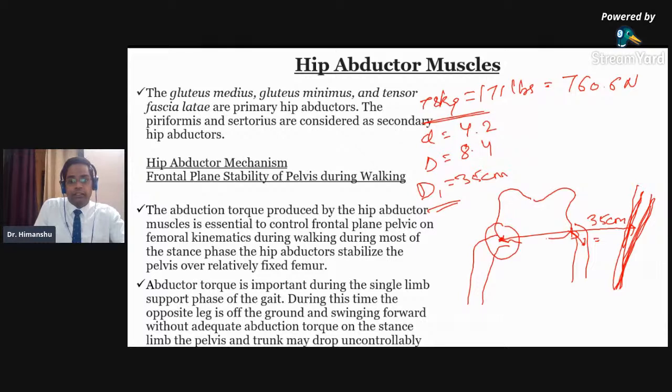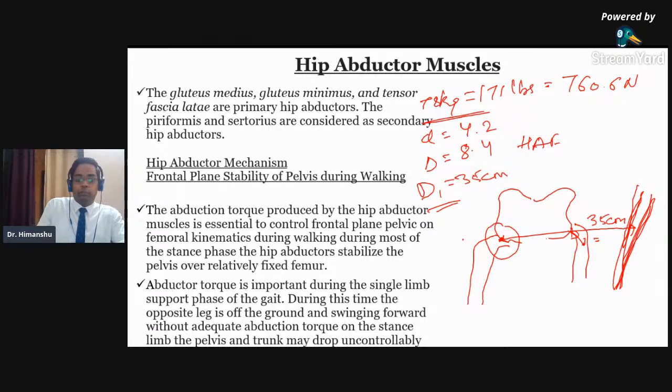Now let us try to calculate this hip abductor force. Now we have two external forces that are acting, or rather than external forces, let us do one thing. Let us try to balance it according to the clockwise rotating forces and anti-clockwise rotating forces.